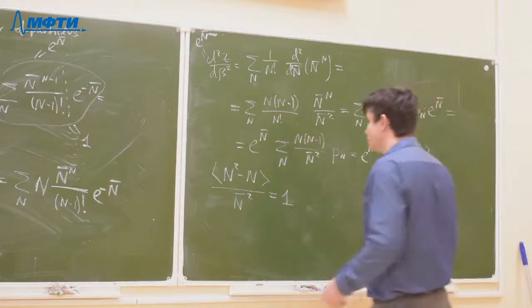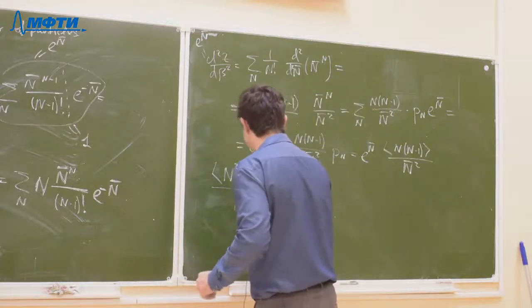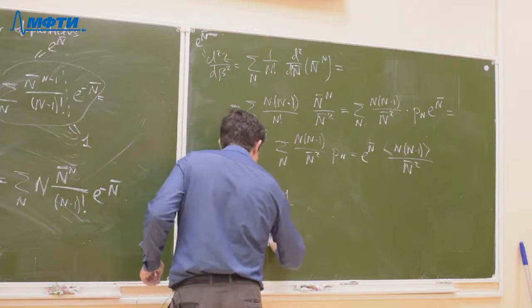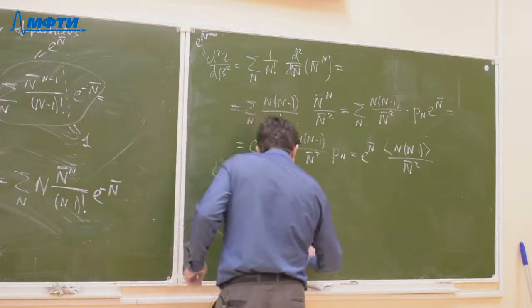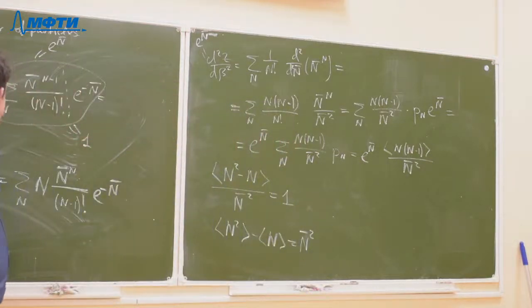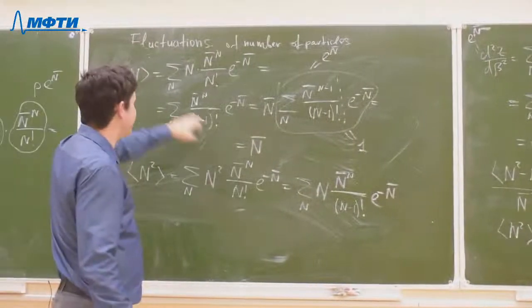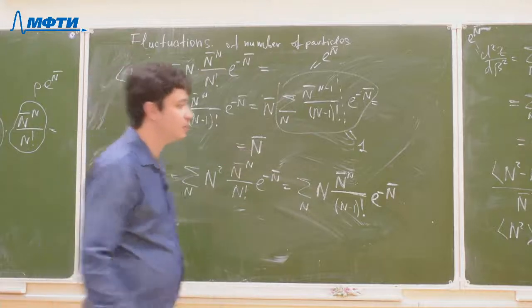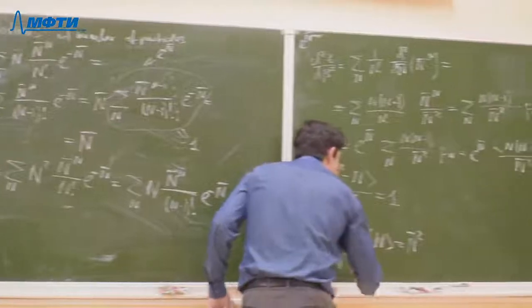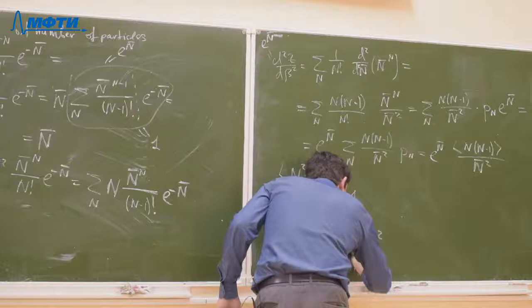Okay, but actually from this we have the following: the average of n squared minus the average of n is equal to this squared. And as I have proven previously, this average of n is equal to my constant. So that means that the average of n squared is equal to this.